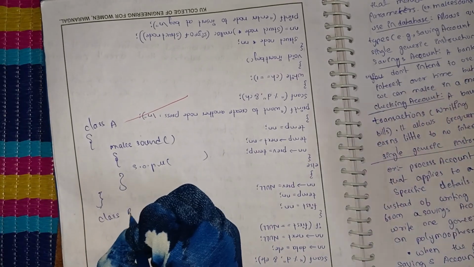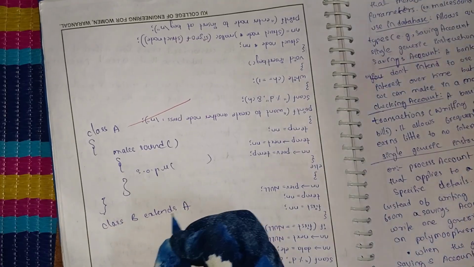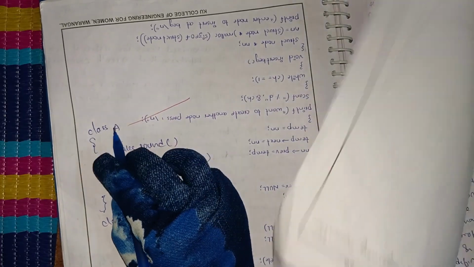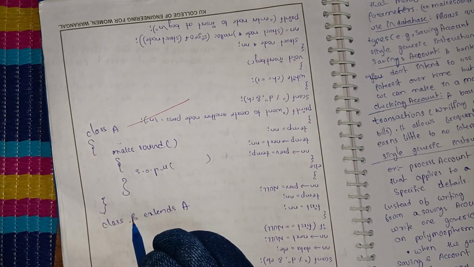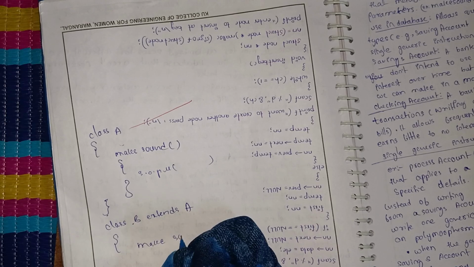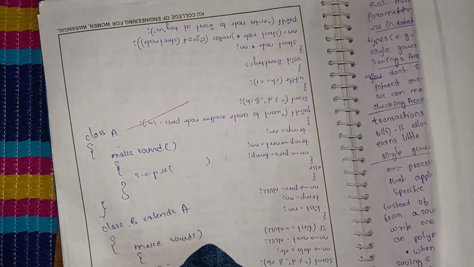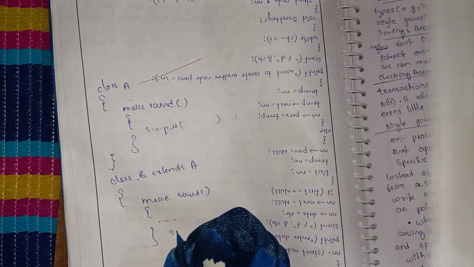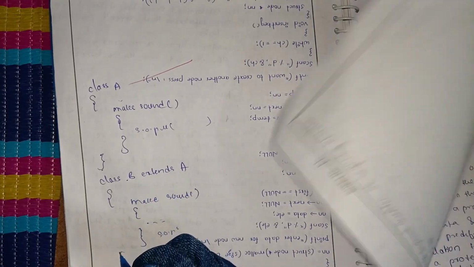Then class B extends A. This is the subclass, this is the superclass, meaning this is the parent class and this is the child class. Open bracket, makeSound(), here it adds some other code, any System.out.println with any variables.